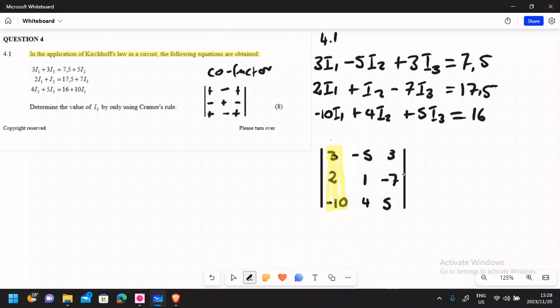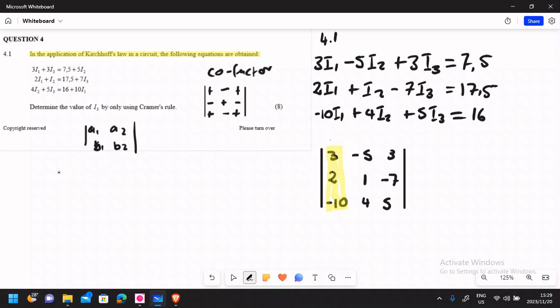So let's do it. Before we start, guys, the formula for the determinant: let's say we have a1 and a2, and then we have b1 and b2.